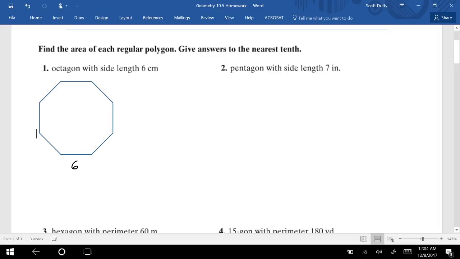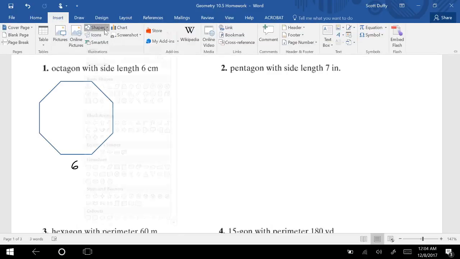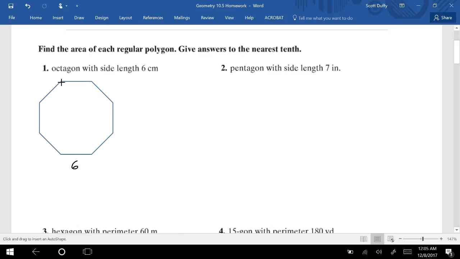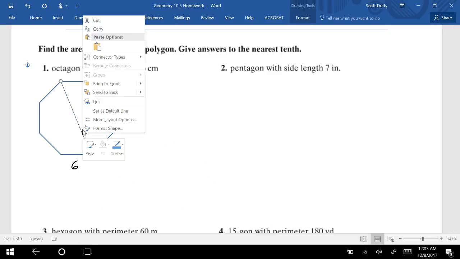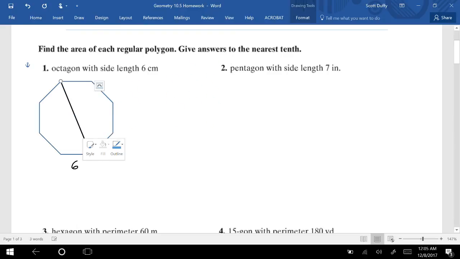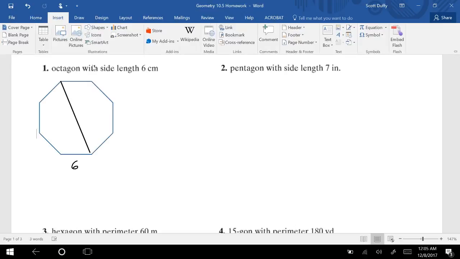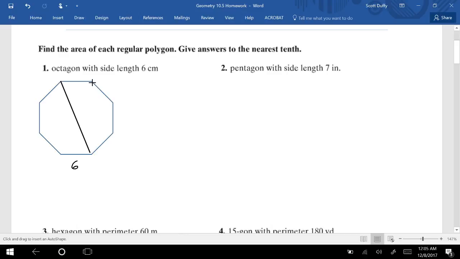Okay. Now what we need to know is, maybe I should fill these in with color. Now I'm only going to draw 2 of these just so I get one of the triangles.